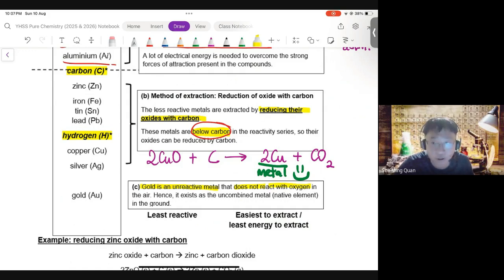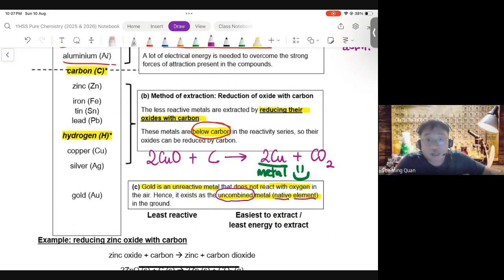And therefore, gold is the only metal that's found uncombined in the ground. Another way to say uncombined is called native elements. These are the same thing. So native element just means that the element has not reacted with other things, it's just on its own.